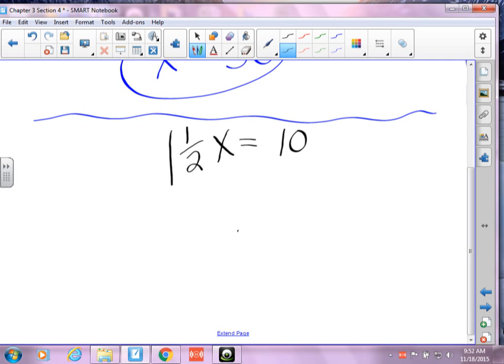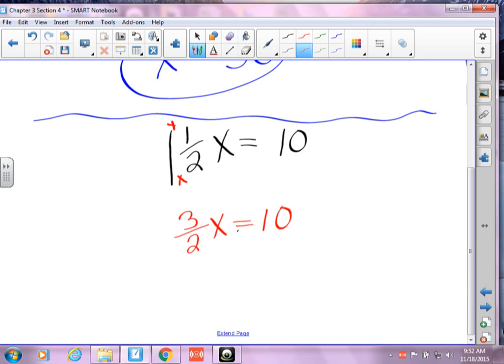And so remember, we talked about that yesterday. I multiply the denominator and the whole number, and then I add the numerator. So 2 times 1 is 2 plus 1 is 3, so I make this into 3/2 x equals 10.